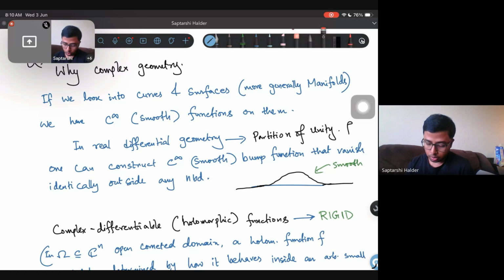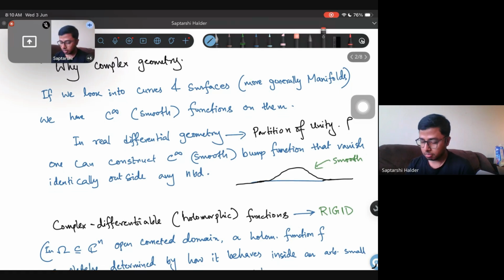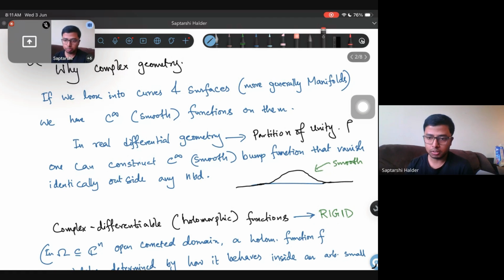But the construction of this partition of unity is not general or very intuitive in a complex manifold, which I will explain later. There we need not only C infinity but also holomorphic conditions, like it must be analytic.